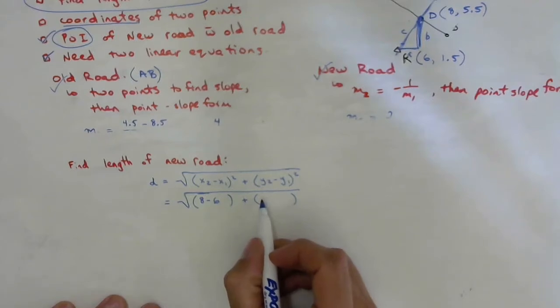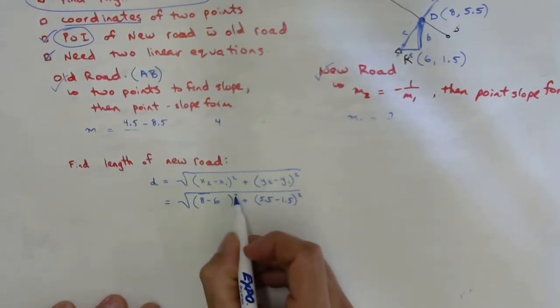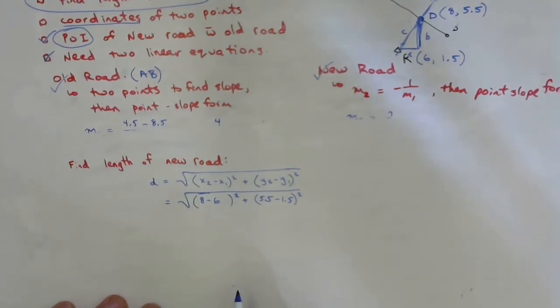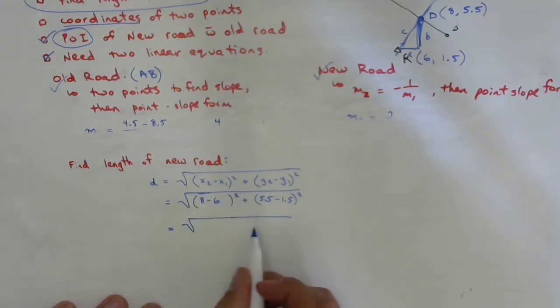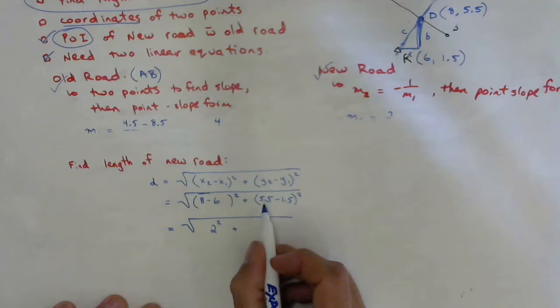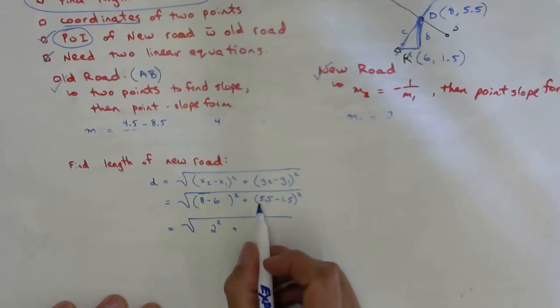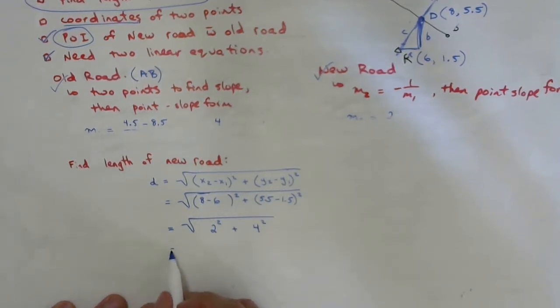And in my second bracket, I've got 5.5 minus 1.5. Eight take away 6 is 2. 5.5 take away 1.5, that's the same as 5 take away 1. That's 4.